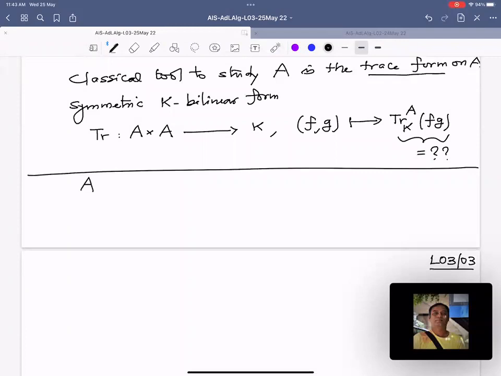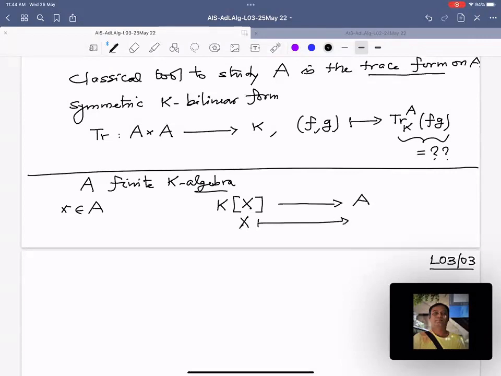So you have A, which is a finite K-algebra. And then let us take small x in A. If you look at the evaluation map, K[X] to A, capital X to small x.